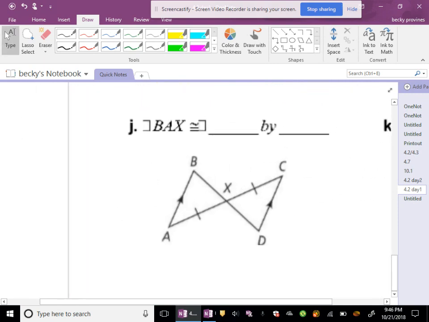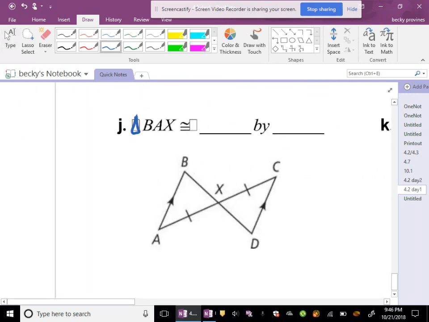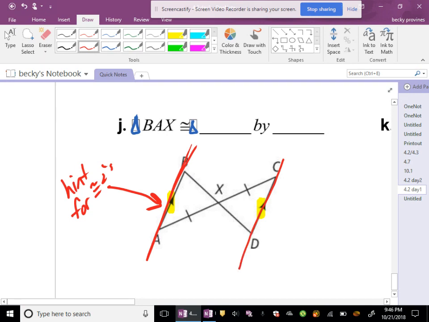And they keep going. All right, so the next one's tricky, but it's good because it's going to come up. Whenever you see the parallel lines, you need to know that this is a hint for congruent angles. And you might be thinking, how in the world? Well, because we had that chapter recently where you had parallel lines and you had transversals, and they form alternate interior angles.